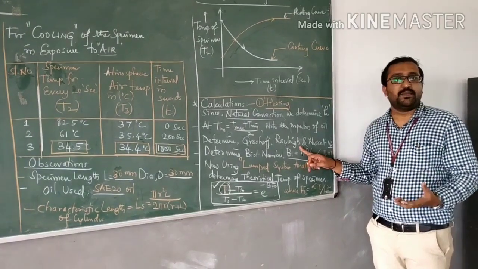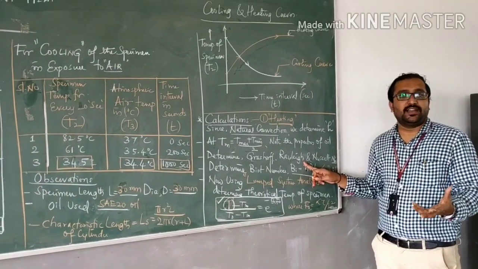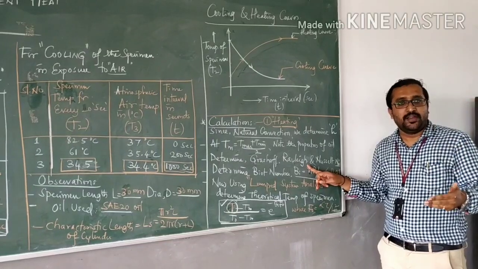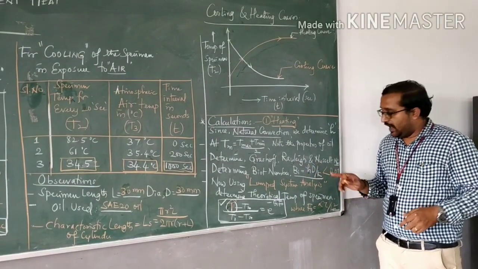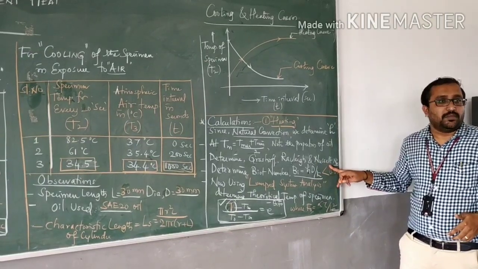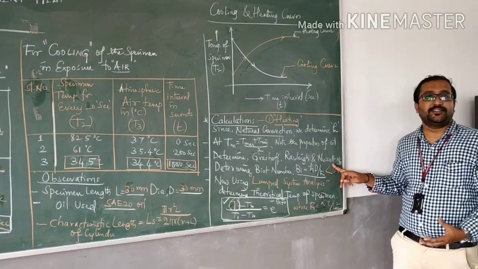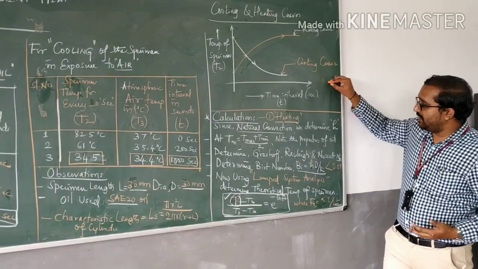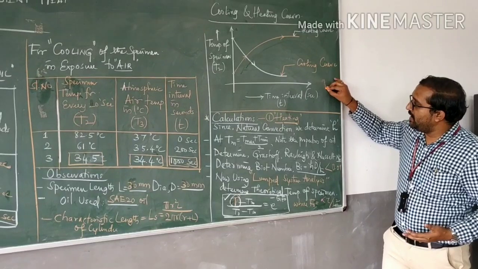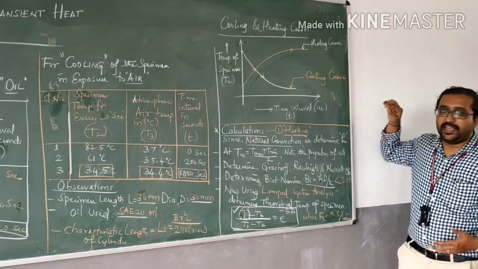Once the Rayleigh number is obtained, looking at its value, we have a series of correlations given for the Nusselt number. We select accordingly and finally calculate the Nusselt number. Once the Nusselt number is obtained, by definition, Nusselt number is given by hL by k or hD by k.